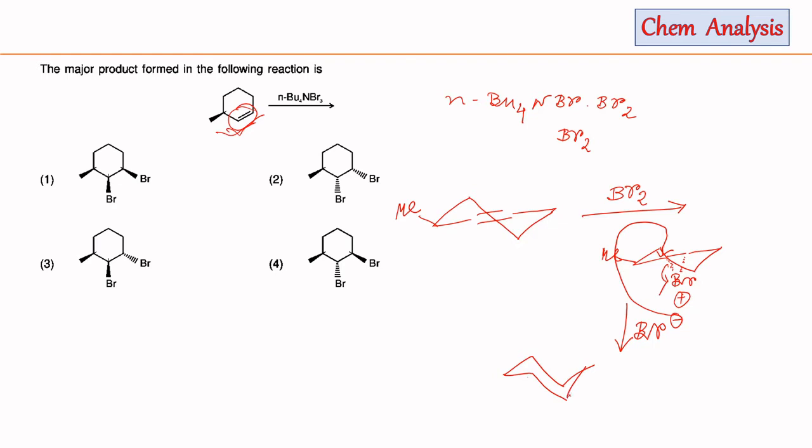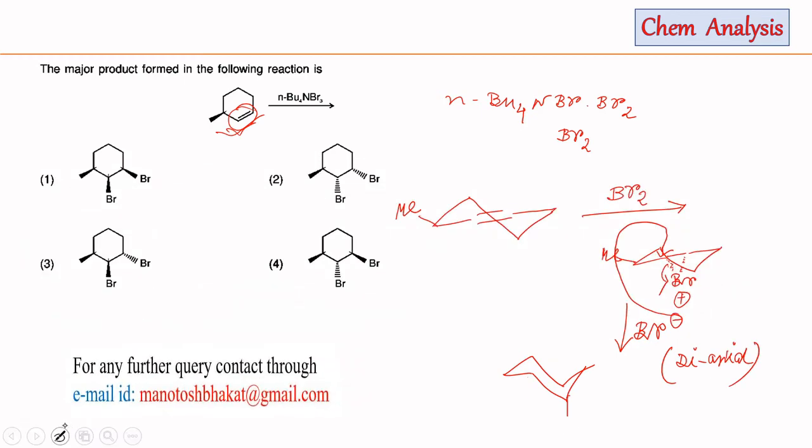It will be like this, that is, the opening must be diaxial, and for that the attack will take place at this carbon. If the opening is di-equatorial, then the attack can occur at this carbon, but the opening must be diaxial. So the bromide minus cannot attack at this carbon, it must attack at this carbon.